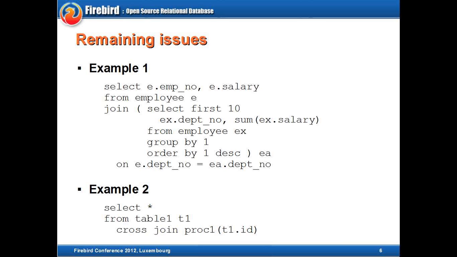The engine is likely to put it first in the join order and then join it to the employee database. Okay, in this particular case, it's going to work. But if the example were more complicated, or if it were a left join here instead of the inner join, it would be a problem.